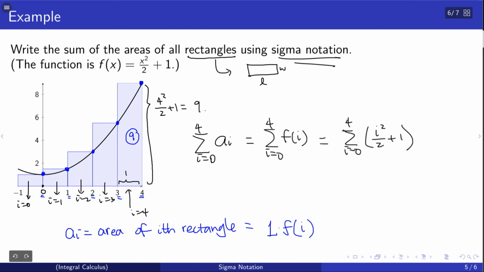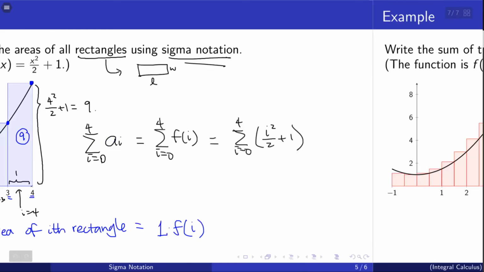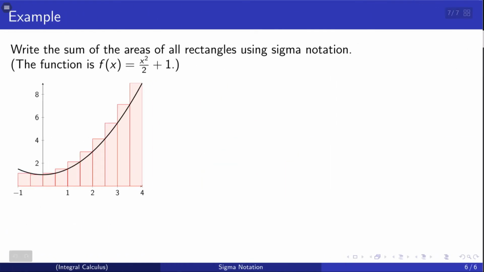So let me just end by giving you a question here. I changed the rectangles here a little bit. Instead of just having 5 rectangles, now we have 10 rectangles. And I'd like you to think about the same question.